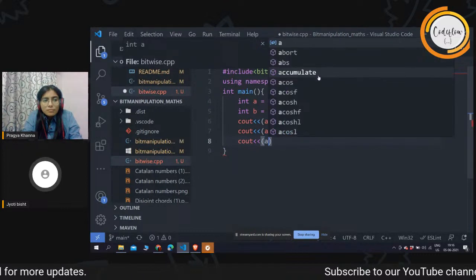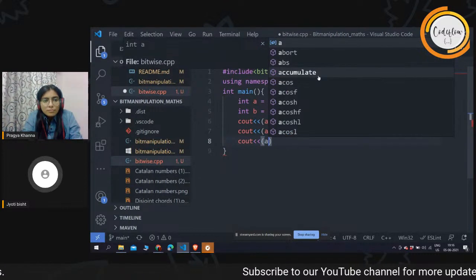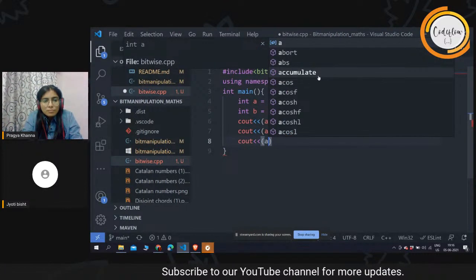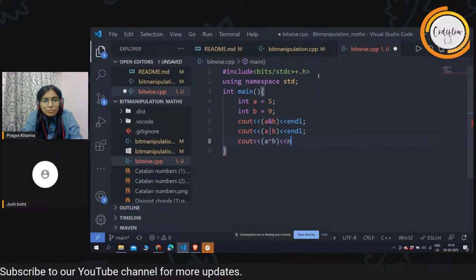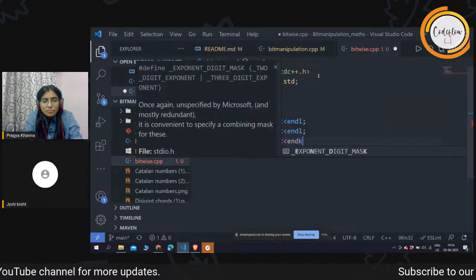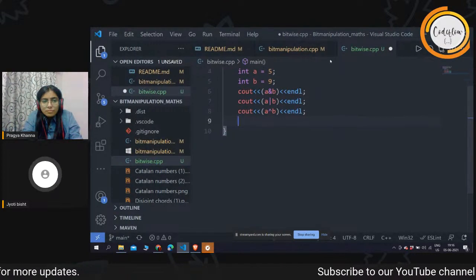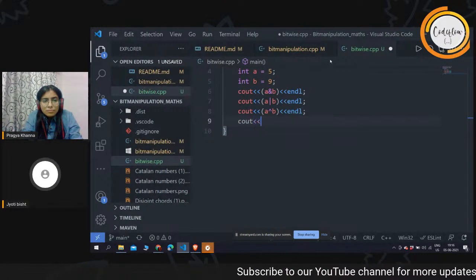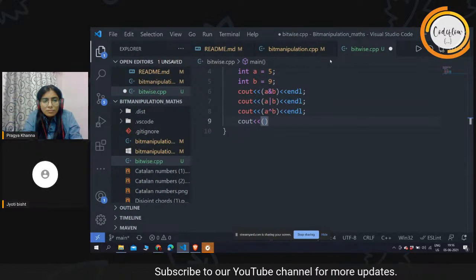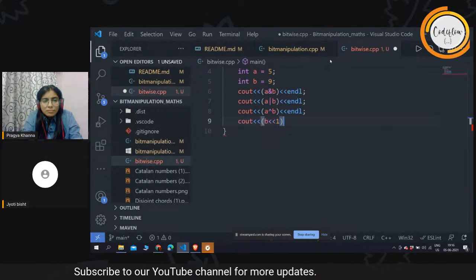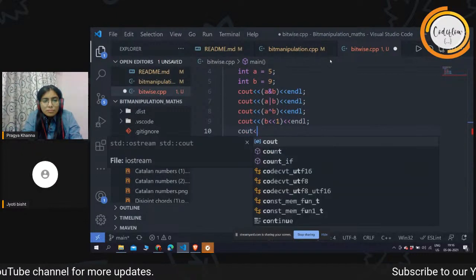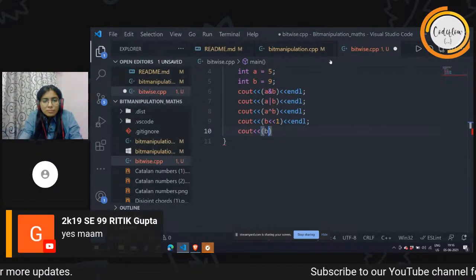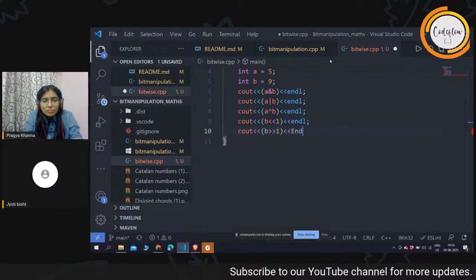A XOR B, and cool. So these are three operators, and I also want you to find out this and this.